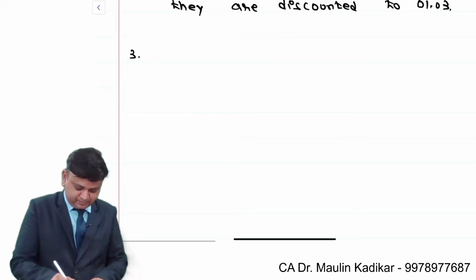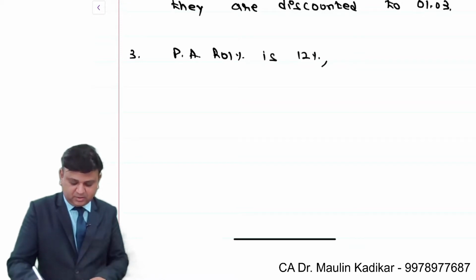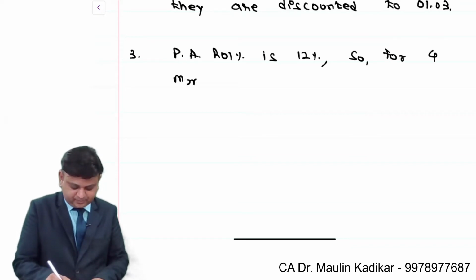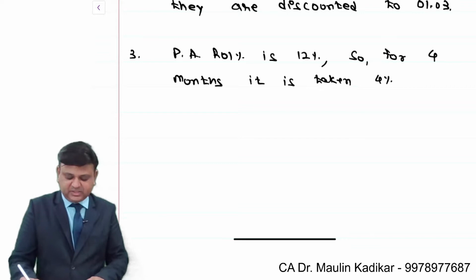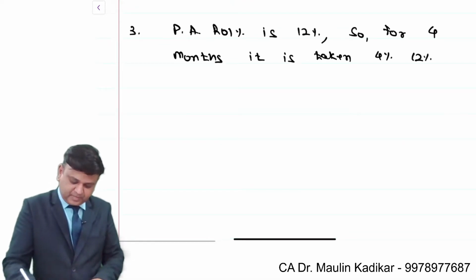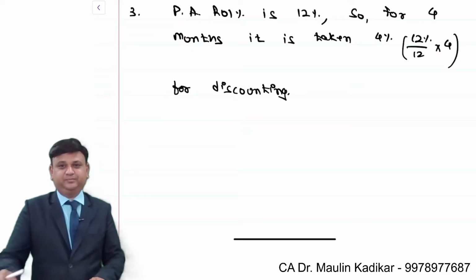Third point, per annum rate of interest is 12%, so for 4 months it is taken 4%, 12% divided by 12 into 4 for discounting. Full stop.